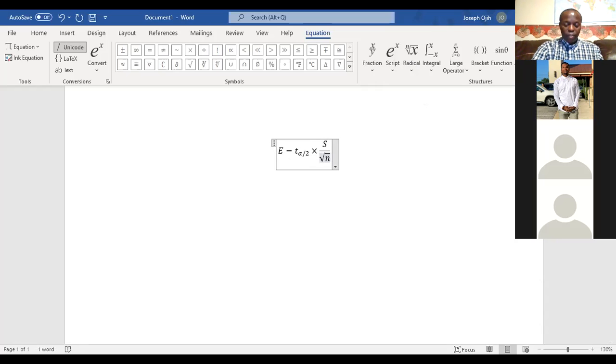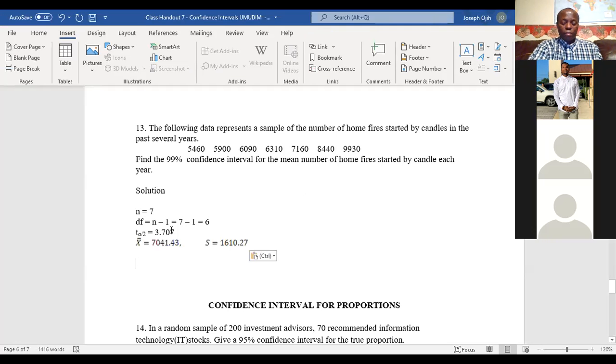From the question, we get the value of n. I'm going to take it there so you can see our n. n is 7. So I'm going to plug those things in, and then we get it from the calculator, and then we'll complete the work.